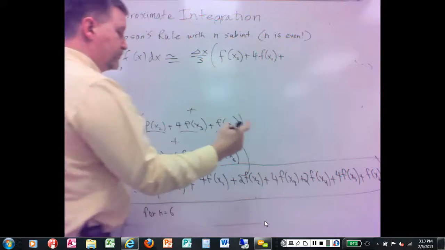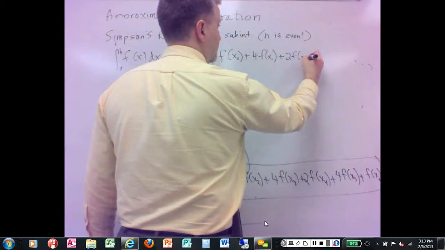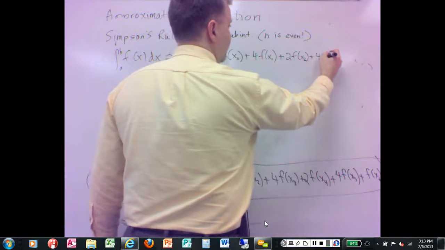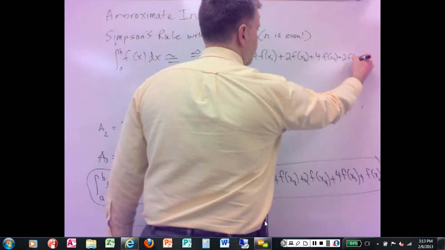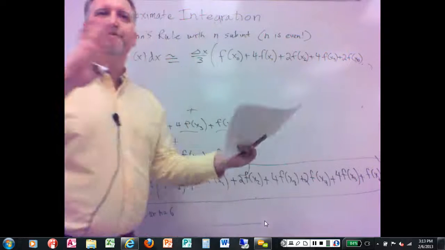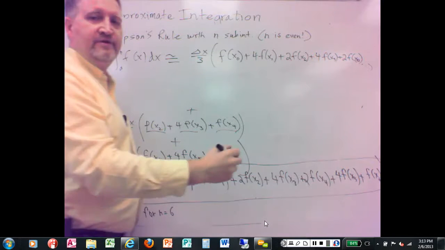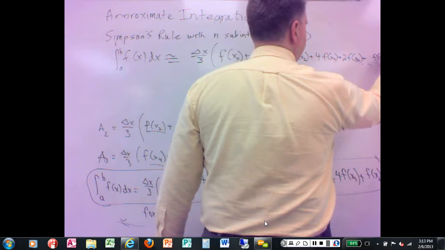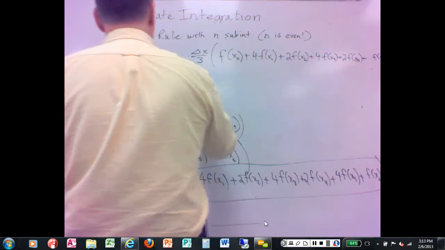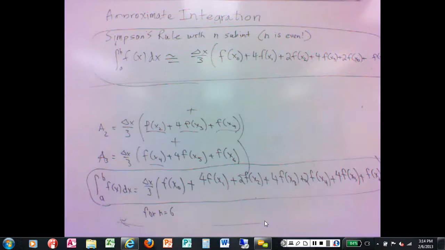Then it goes 2 for the next one, 2 f of x sub 2. Then it goes 4 for the next one, 4 f of x sub 3. Then it goes 2 for the next one, 2 f of x sub 4. So it's alternating 4s and 2s, you see, all the way until you get to the last one, which would be f of x sub n. That's Simpson's 1/3 rule, Simpson's rule.